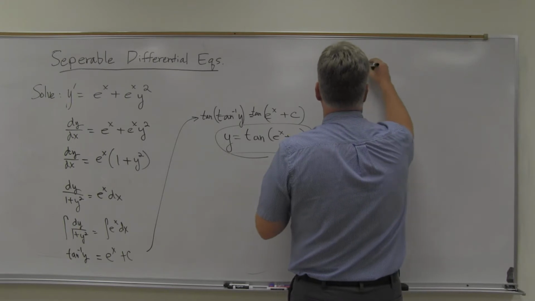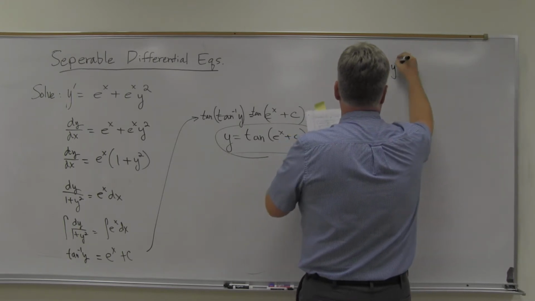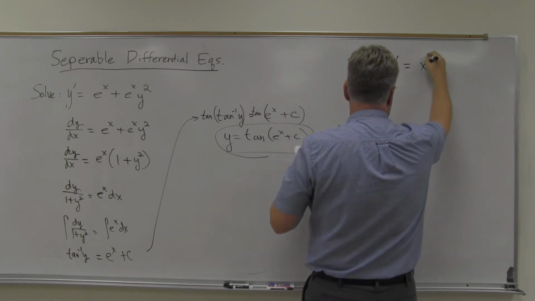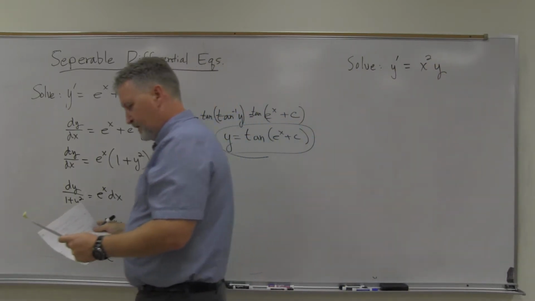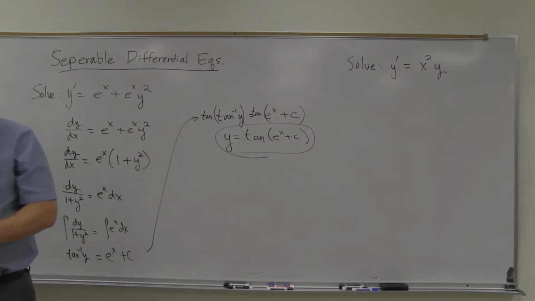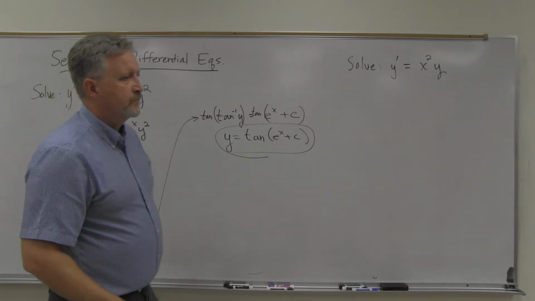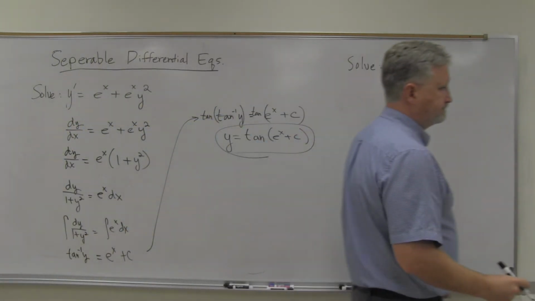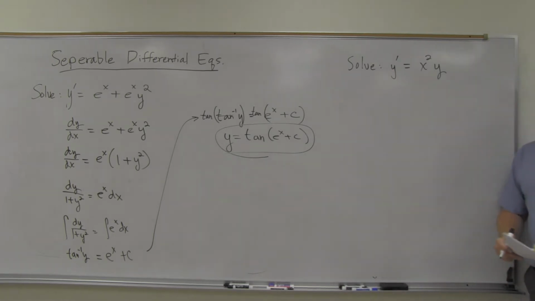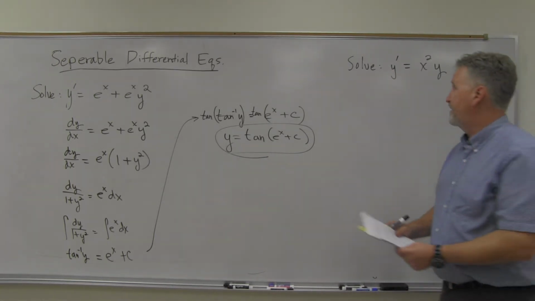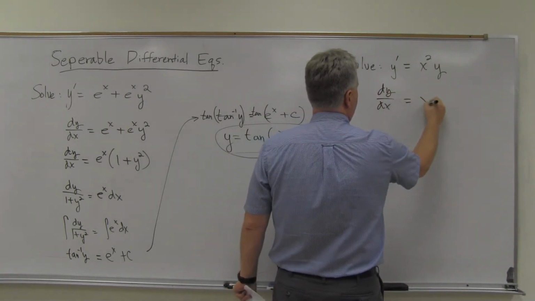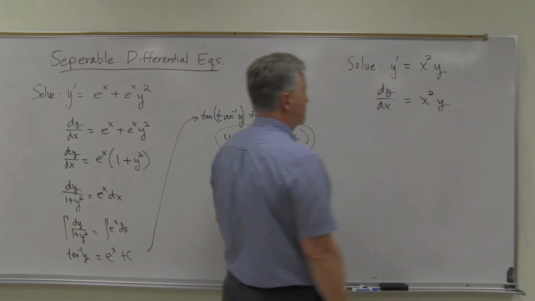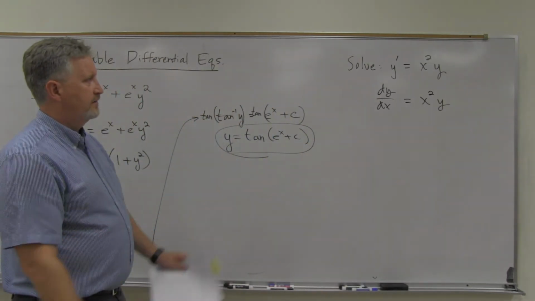Solve y prime equals x squared y. It's easy enough, right? Again, for these separable ones, change y prime over to dy over dx and then think about separating them.